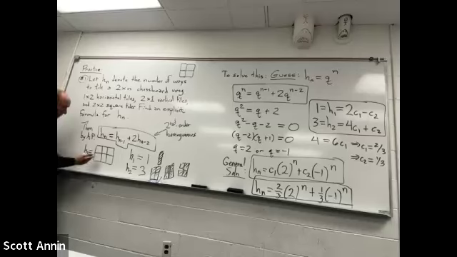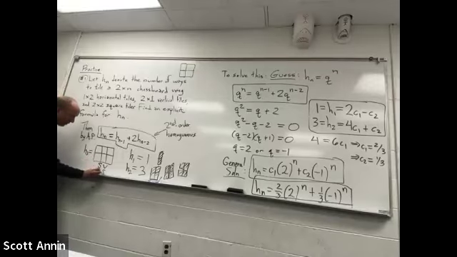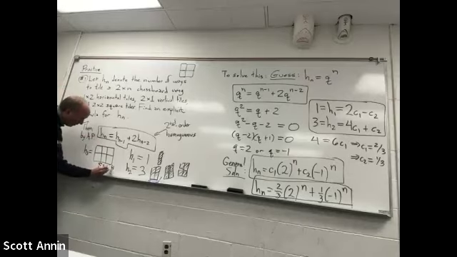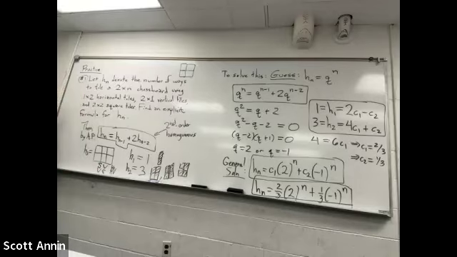So I could do a square and then a vertical tile. I'll use S and V and H for this. So I could do a square tile and then a vertical tile, or I could do a vertical tile and then a square tile. Or I could do 2 horizontals above each other and then a vertical tile.